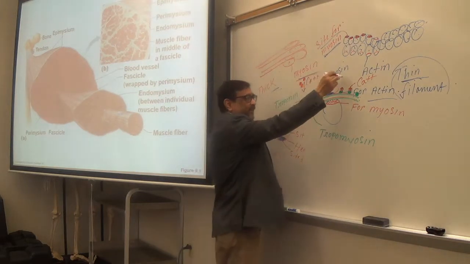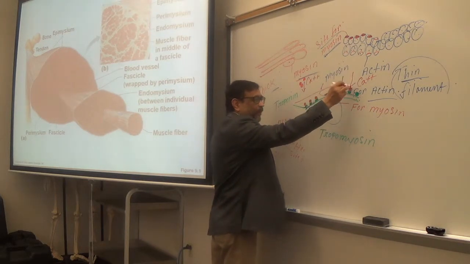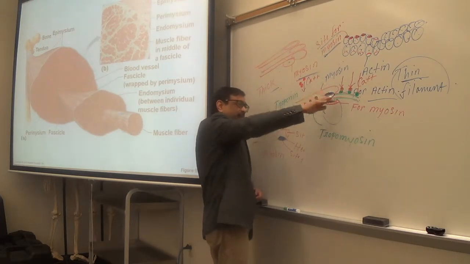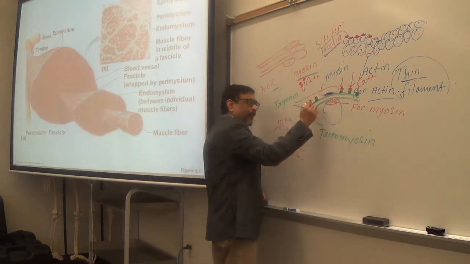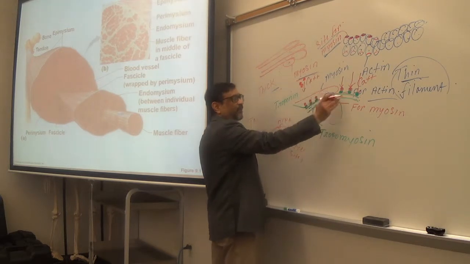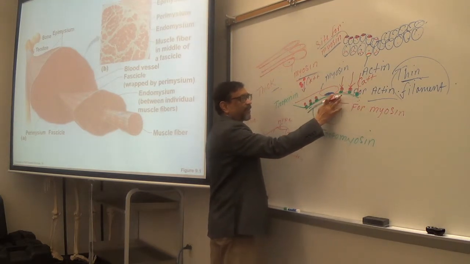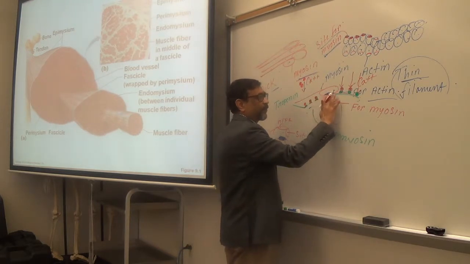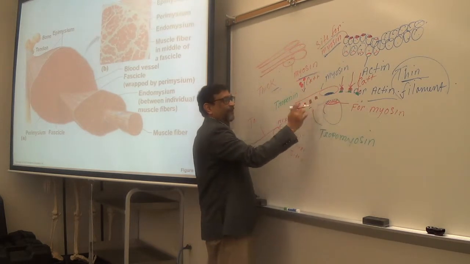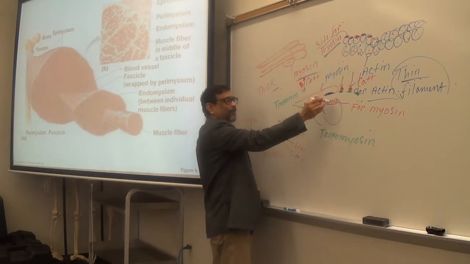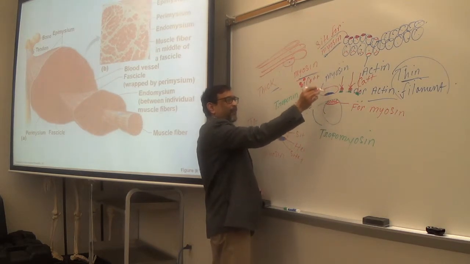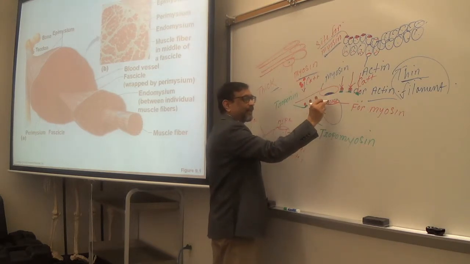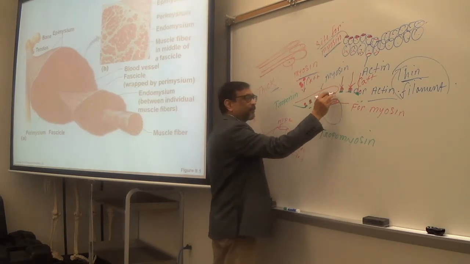So what happens? When calcium is released, calcium binds with the troponins, and troponins move to the side. That moves the tropomyosin to the side. So now this one has moved away. This one has moved away. Okay, now you see there is no barrier between. So what will happen? The myosin head will get attached to the actin ball.